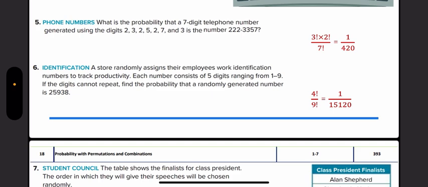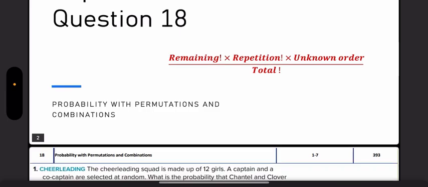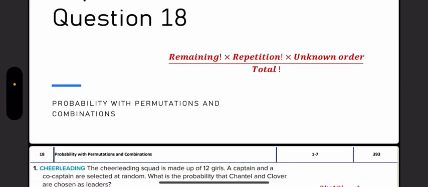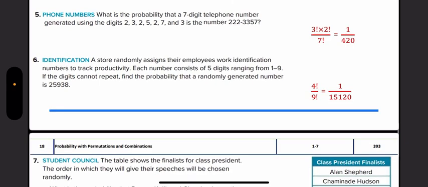Now we still have to check the repetition and the unknown order. The unknown order is not there as well because I know the order. I know it comes like 2, 2, 2, 3, 3, 5, 7. So I know the order, so that part is cancelled. If we go back to the rule here, there is no remaining, no unknown order. We still have only repetition. So let's go back to the repetition and see.